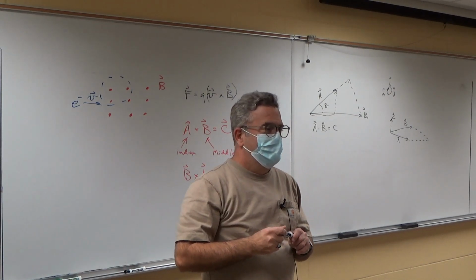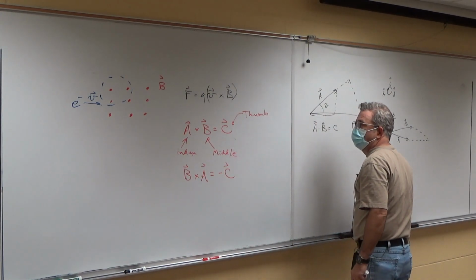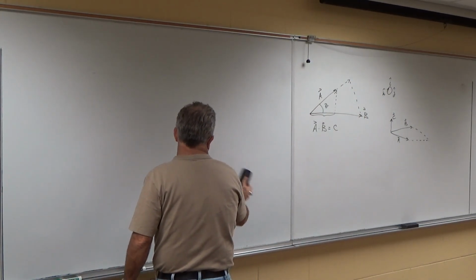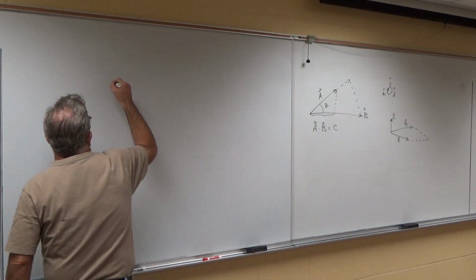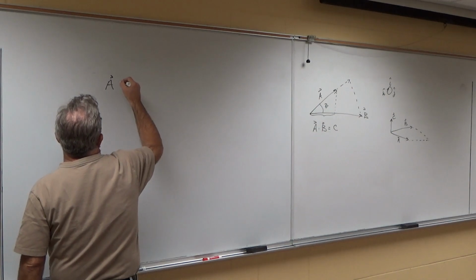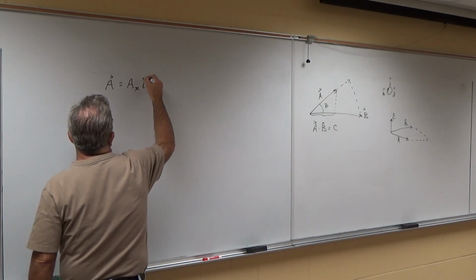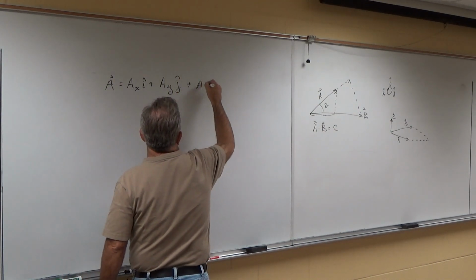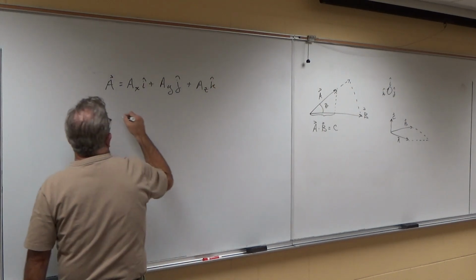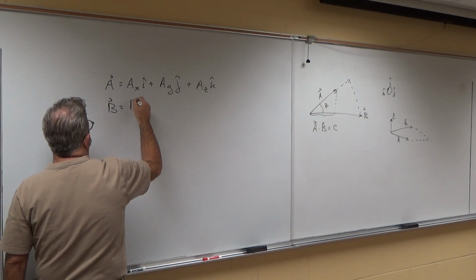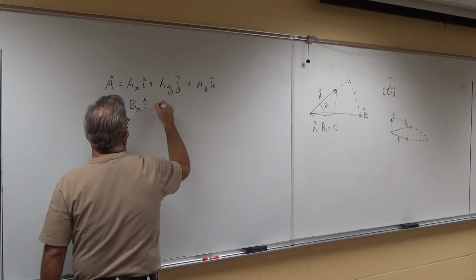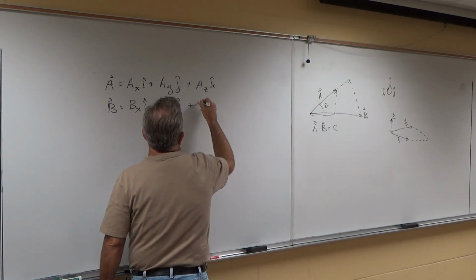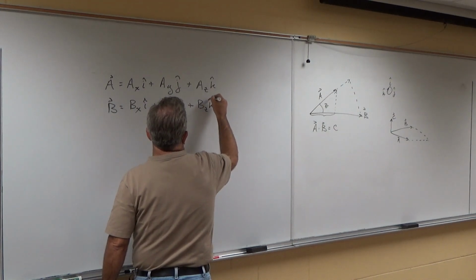If you're crossing two vectors in component form, there's a lot of ways to do this. Let A equal AX I hat plus AY J hat plus AZ K hat. Let B equal BX I hat plus BY J hat plus BZ K hat.